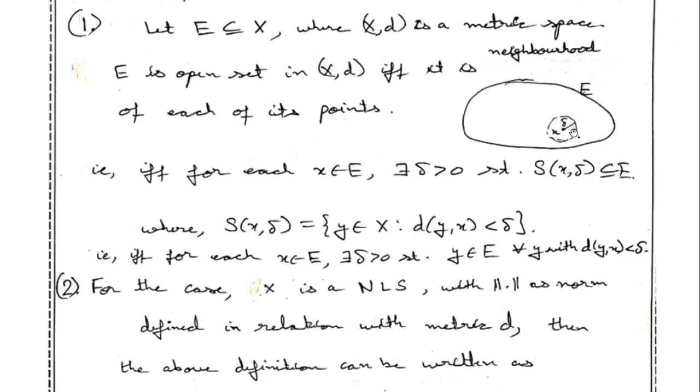So this is a diagram from when we discussed open sets. Here in the definition of open set, this x was fixed and we were taking any y here, such that there exists an open sphere which is contained in this set E, then only it will be an open set.